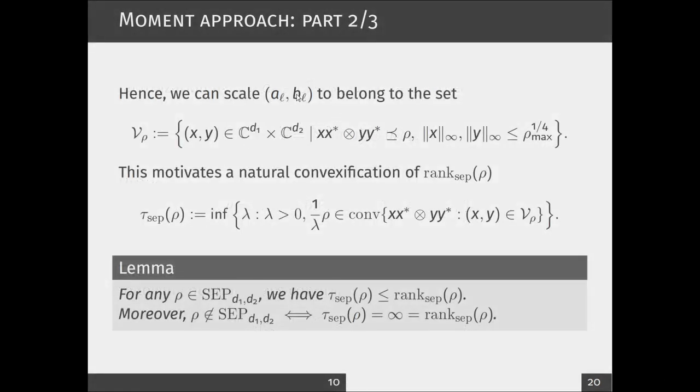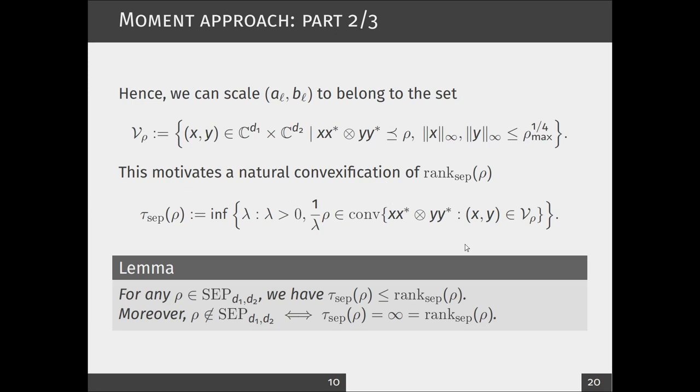And so we can scale the A's and B's to satisfy this equation, where they belong to this set V_p. We can kind of see this as the support of measures.